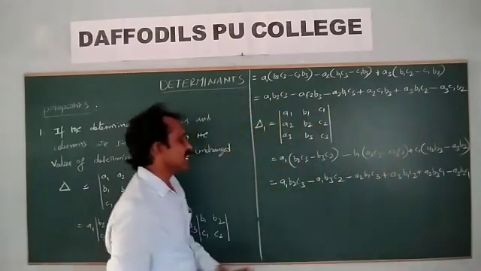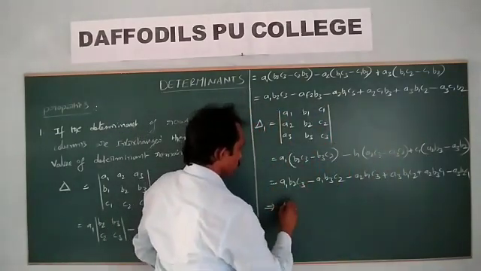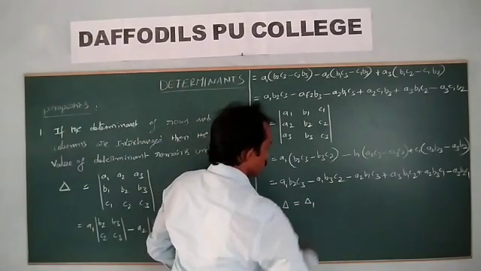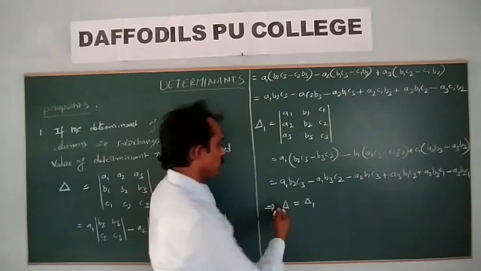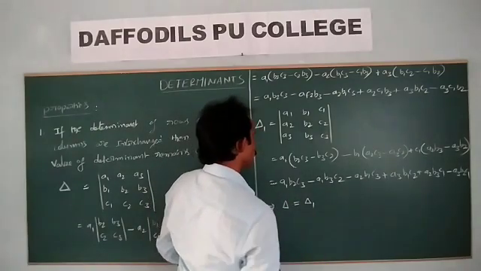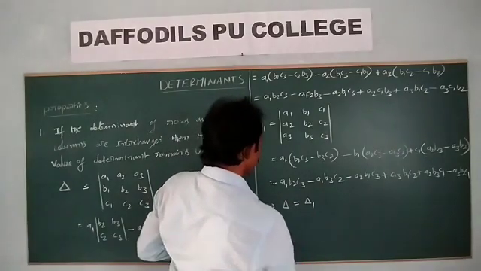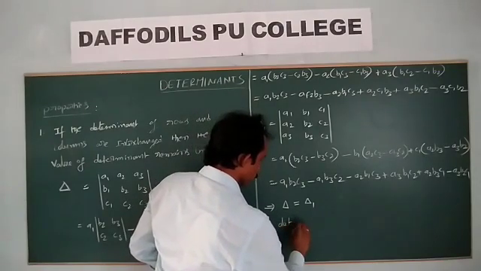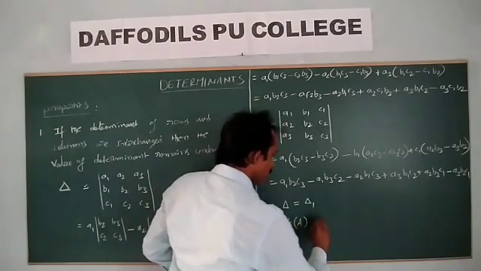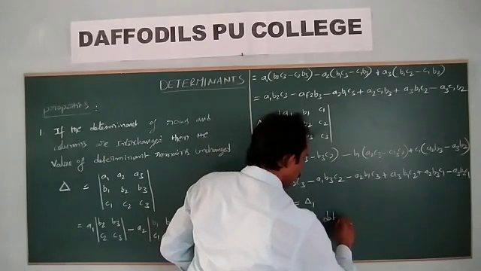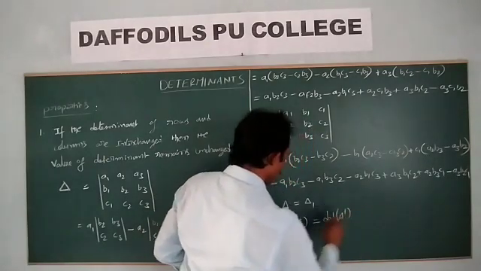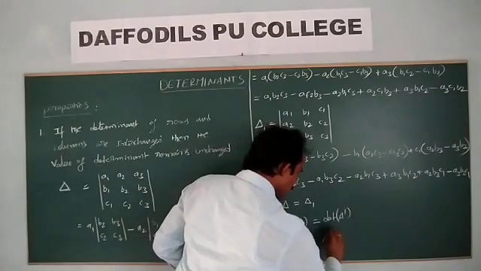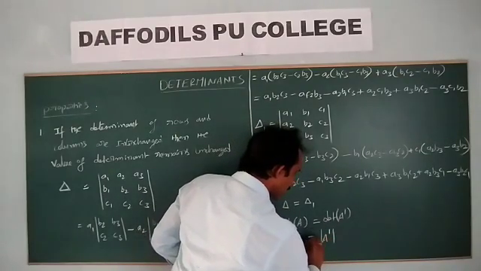Both are the same. That implies delta is equal to delta 1, meaning this value is equal to this value. So what does this mean? Delta of A is equal to delta of A transpose.